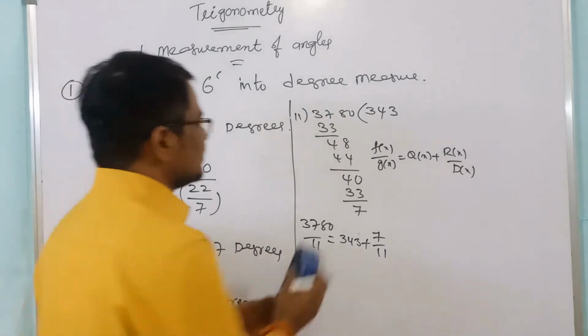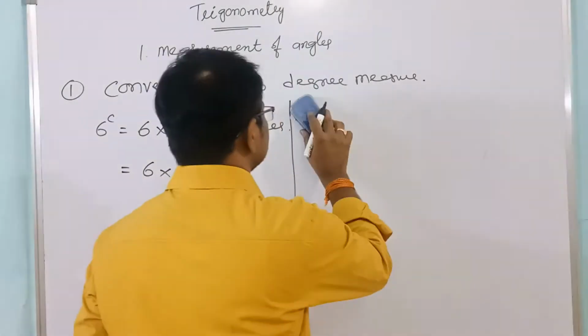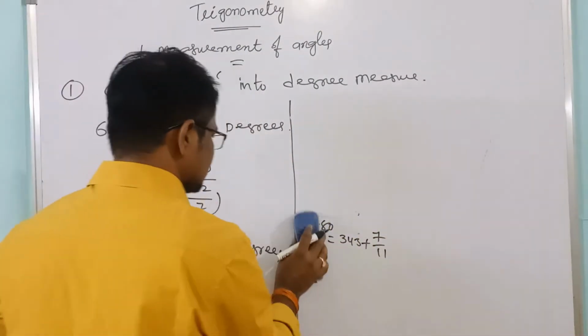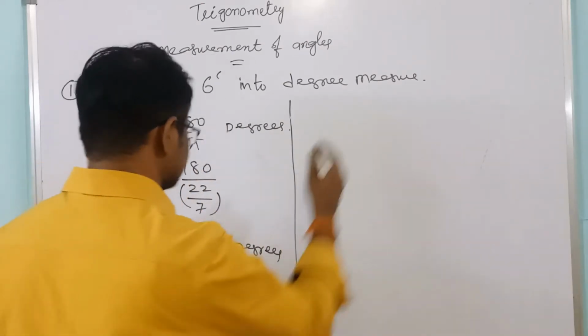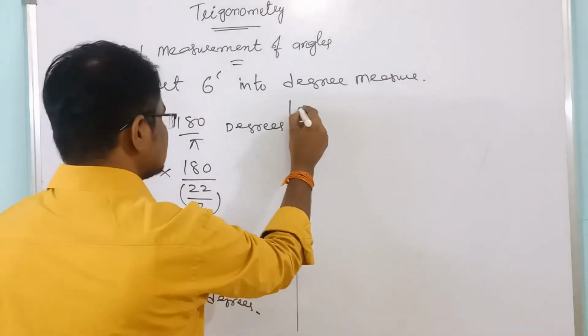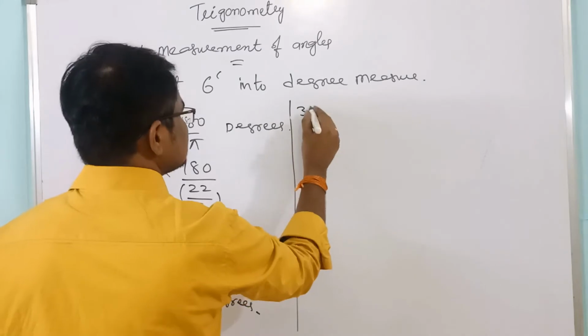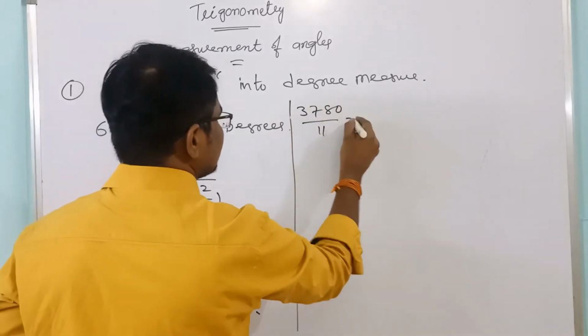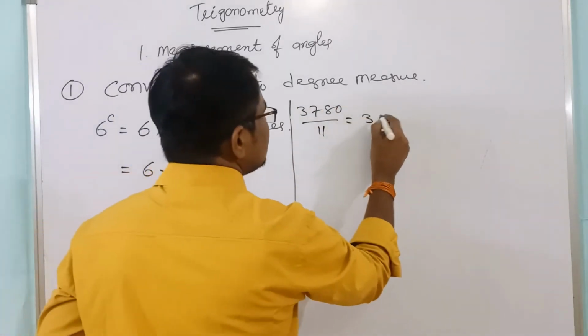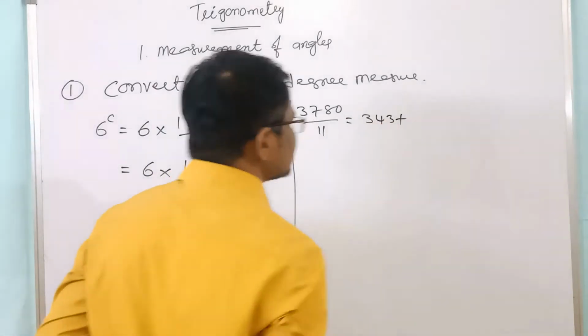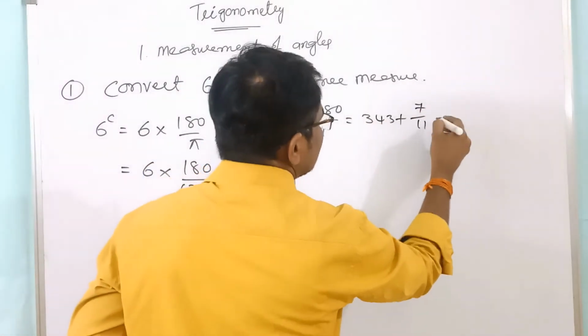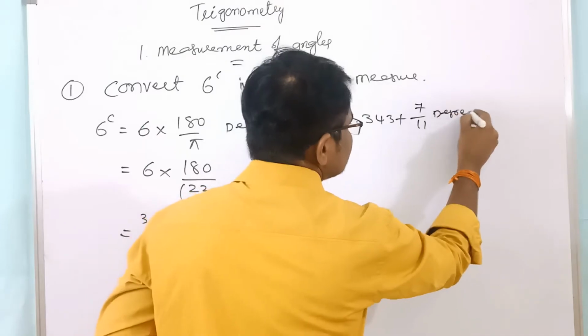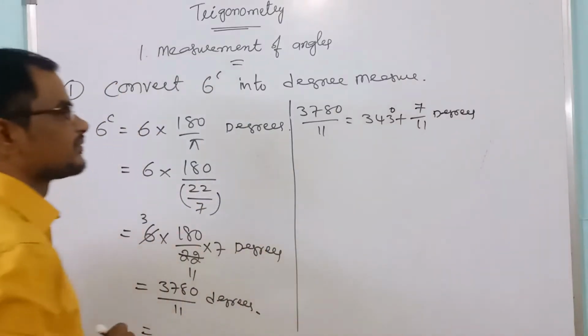So 3780 by 11 equals 343 plus 7 by 11. Here it is degrees.